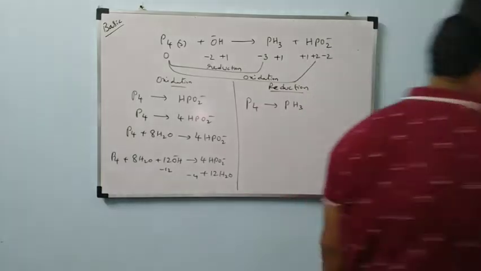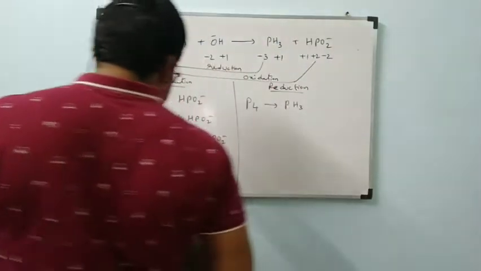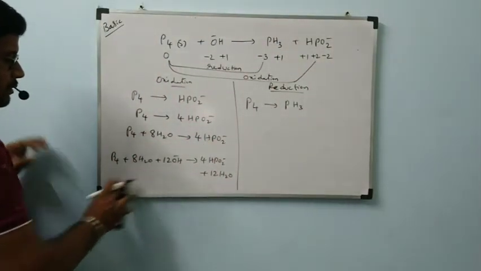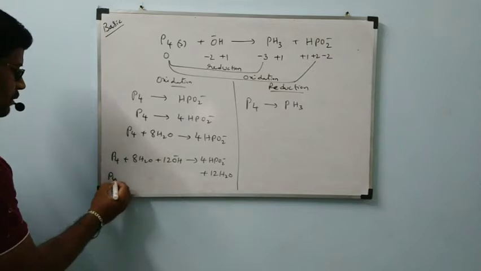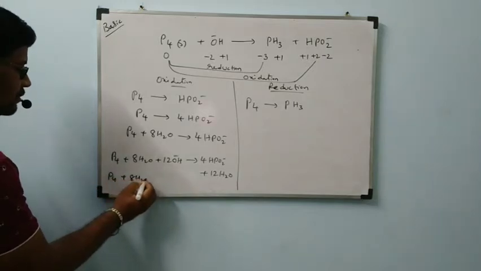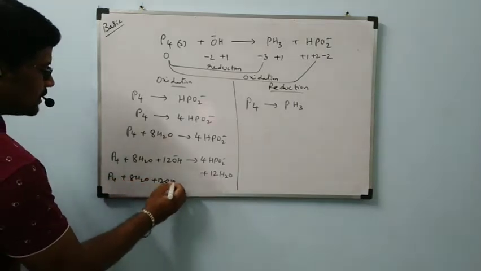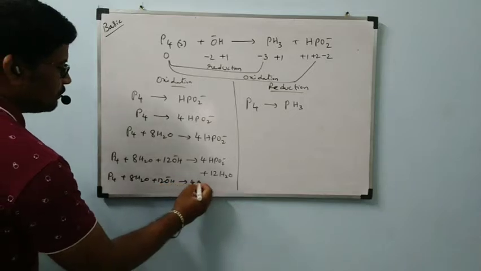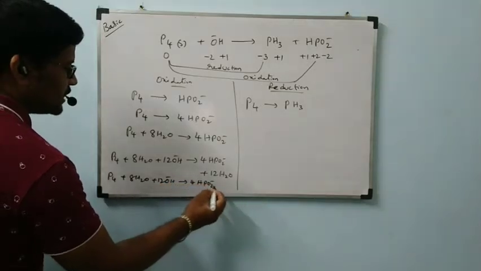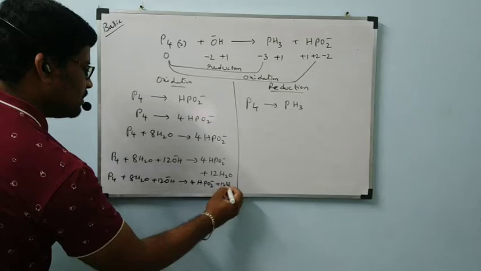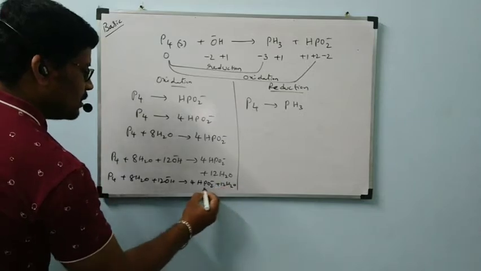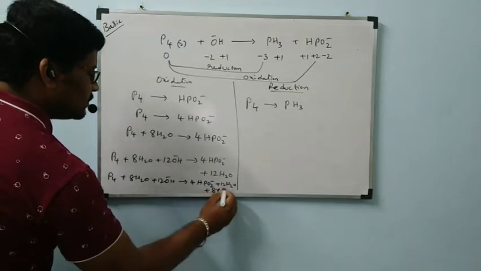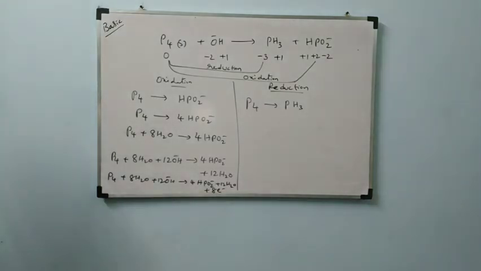Then this equation will become P4 plus 8H2O plus 12OH minus gives rise to 4HPO2 minus plus 12H2O plus 8 electrons more. I added 8 electrons on the right side. Now it is balanced with charges also.